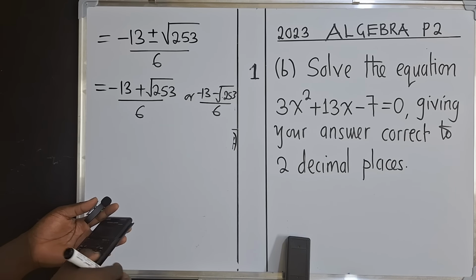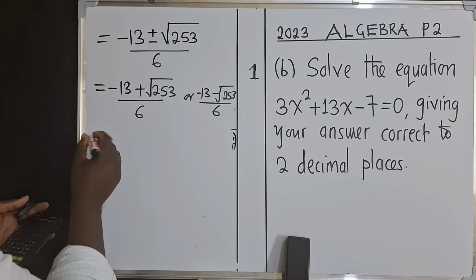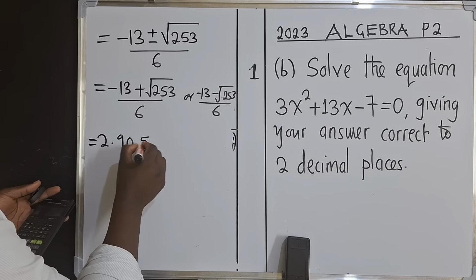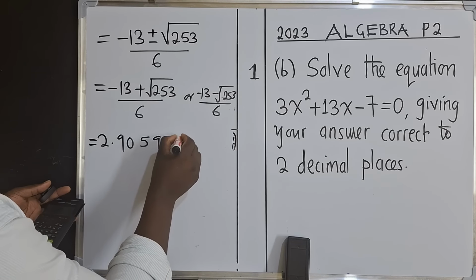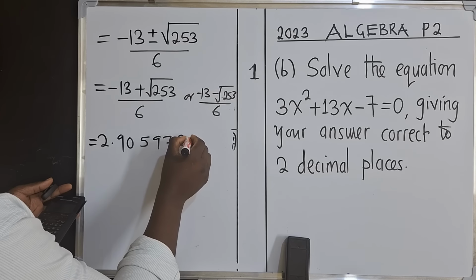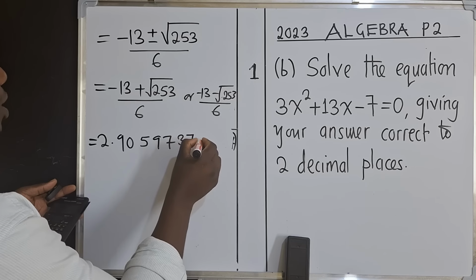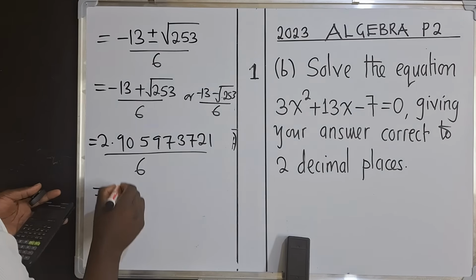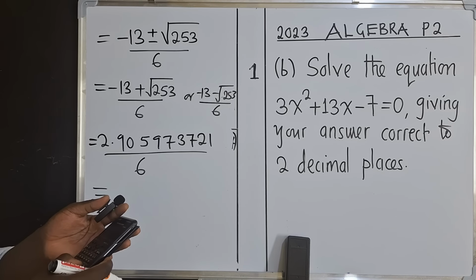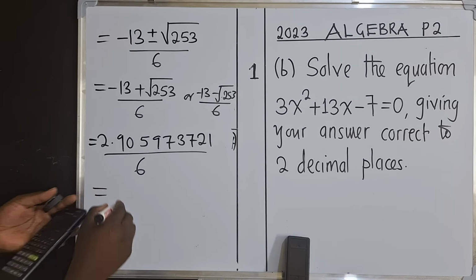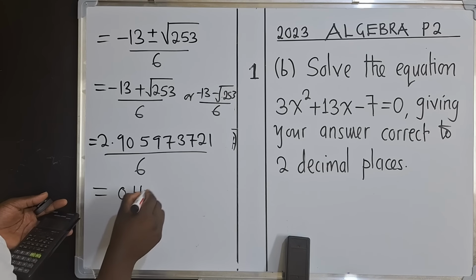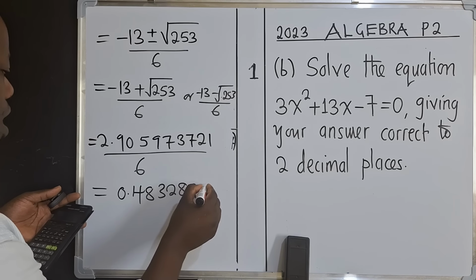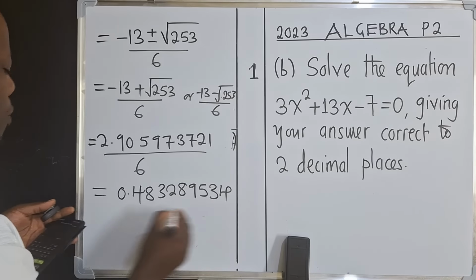So what is negative 13 plus square root of 253? It's giving us 2.905973721. And then we divide by 6. When we divide by 6, we are getting 0.4832895334.